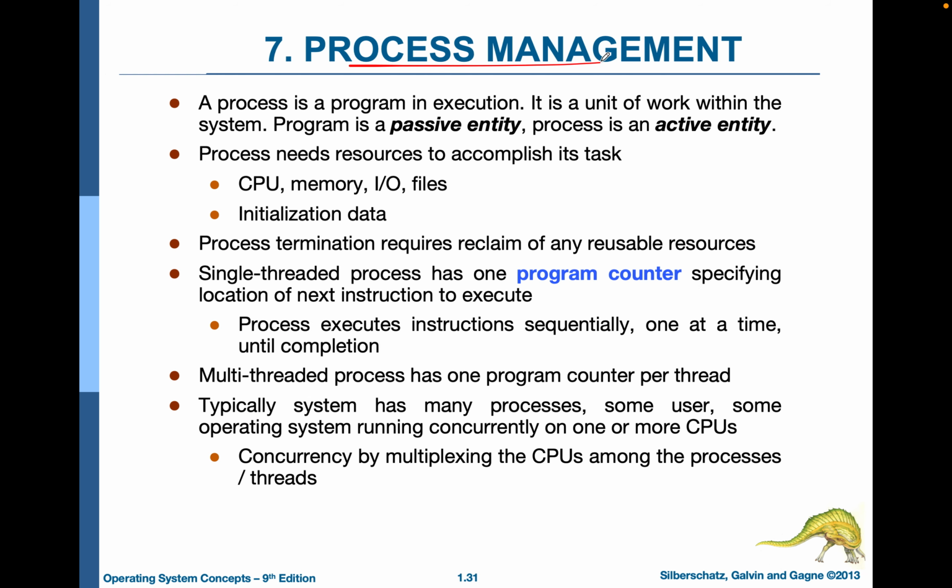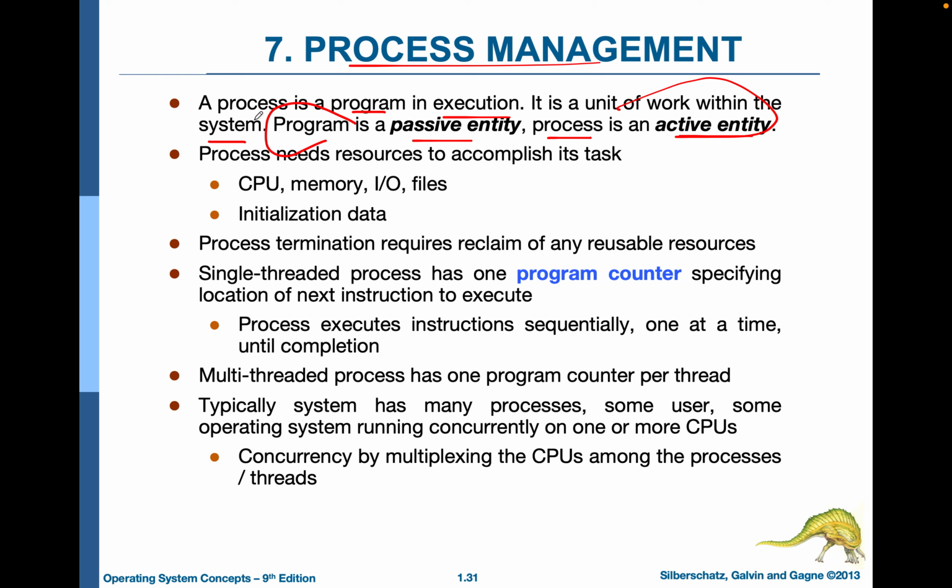Process management. A process is a program in execution. So it is a unit of work within the system. A program is a passive entity, while a process is an active entity.